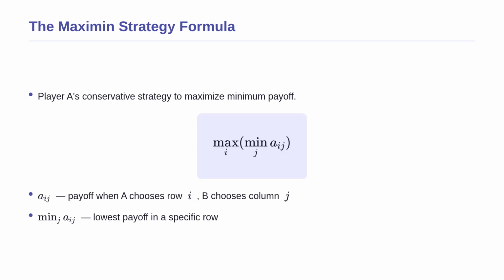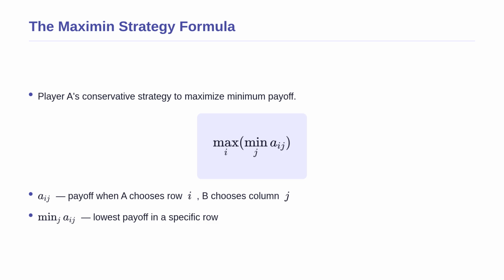This logical deduction brings us to our first mathematical formula. This formula mathematically represents player A's conservative strategy. The symbol Aij represents the specific payoff when player A chooses row i and player B chooses column j. The inner part of the formula finds the absolute lowest payoff in a specific row, representing player A's worst case scenario for that choice.